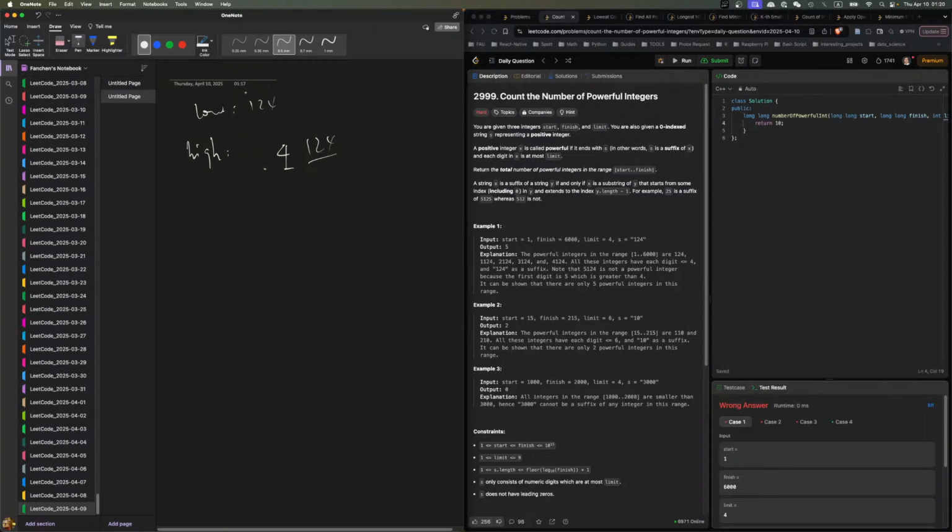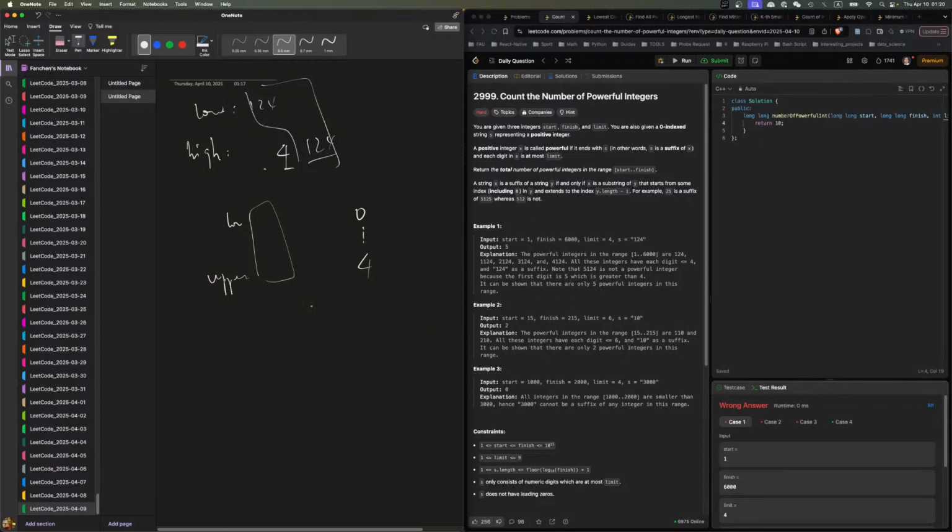The suffix has to be this. So we have the same suffix, then we have the lower bound, and then we have the upper bound. So if we don't look at this, essentially it's this number. In this case, this is 0 to 4. How many are within this limit?